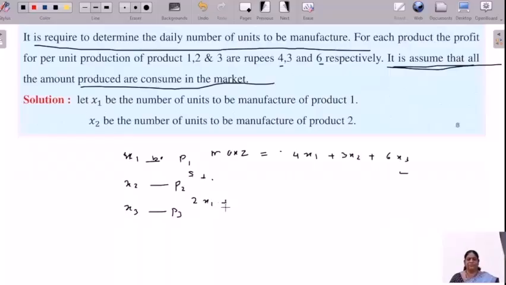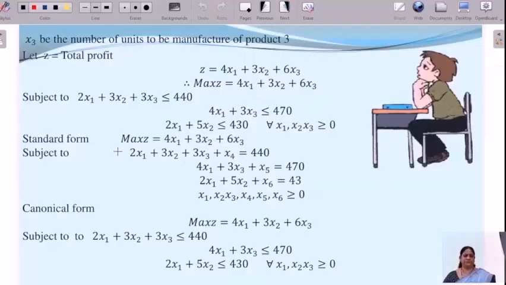Similarly, the other constraint is this one.